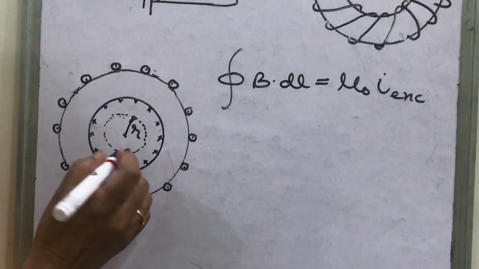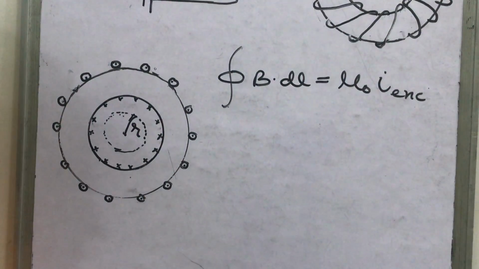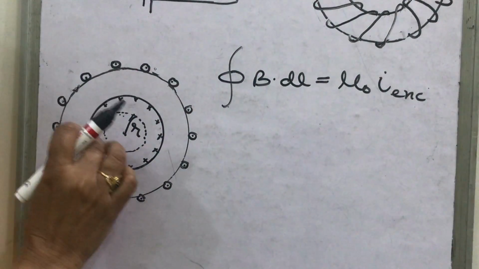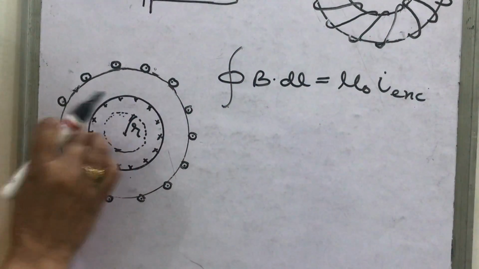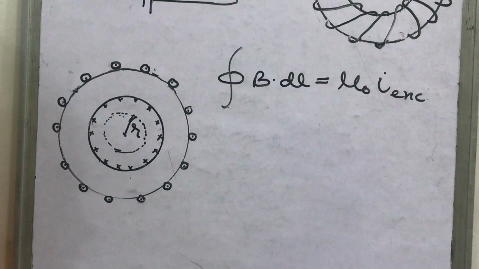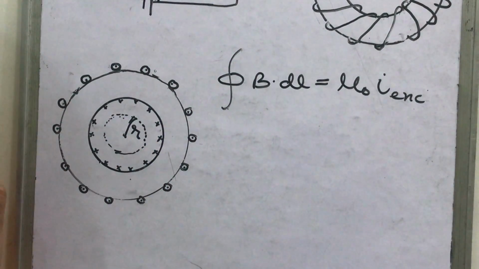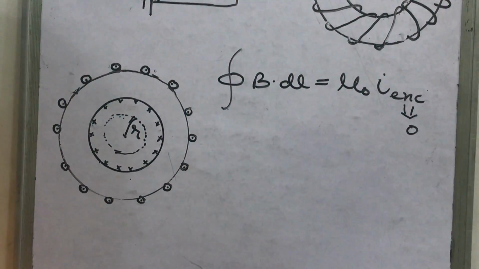Look here, this loop of radius r in the space of the toroid does not have any current. That is, current is not enclosed by this loop of radius r, which is called the Amperian loop. So current enclosed is 0.